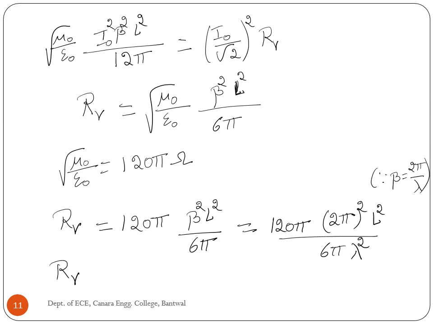Therefore, radiation resistance is equal to 80 pi square L square divided by lambda square.